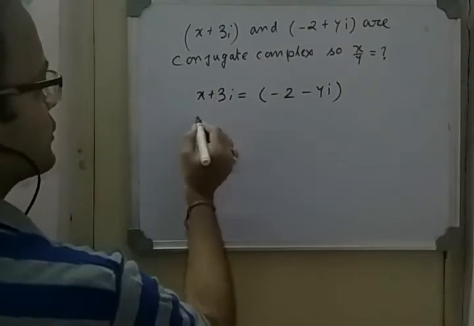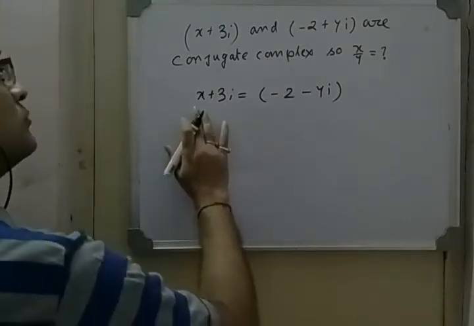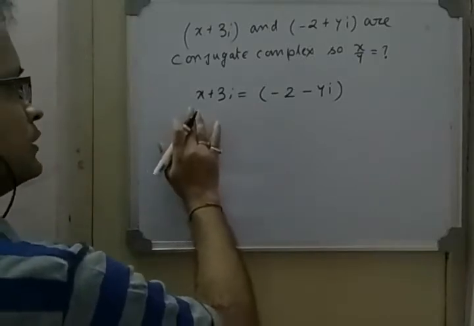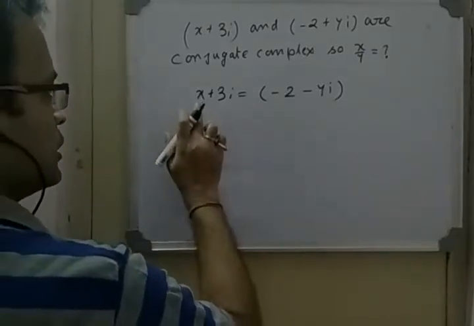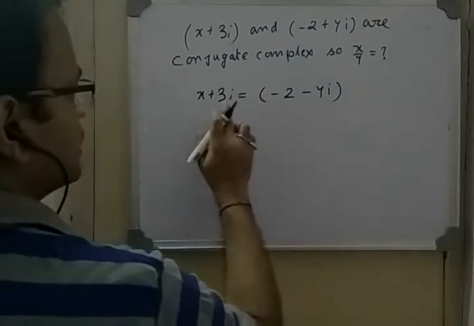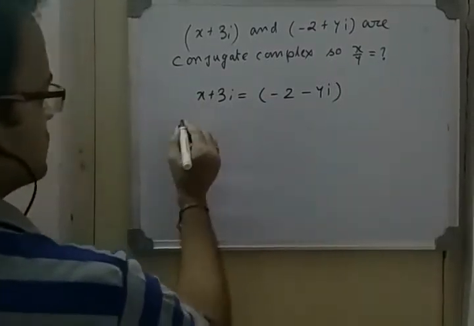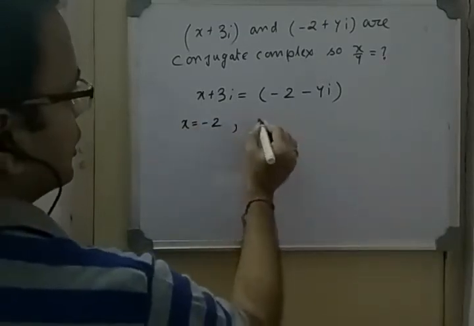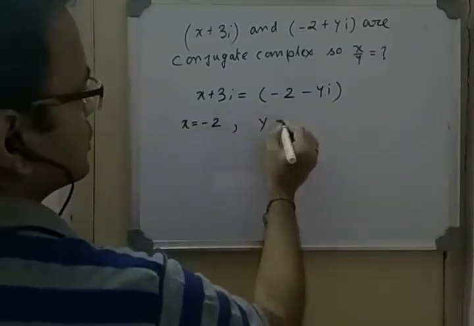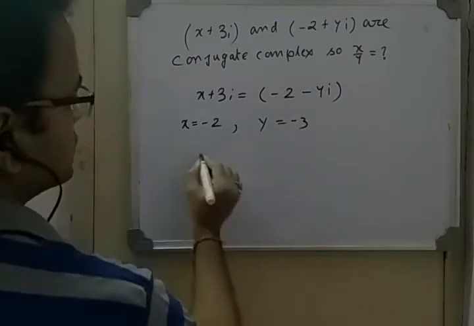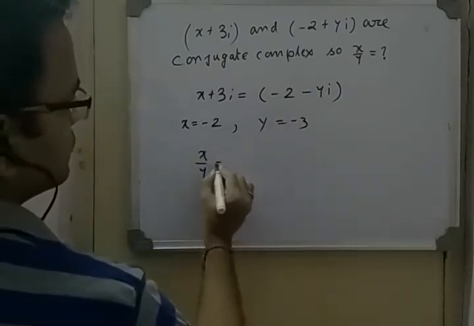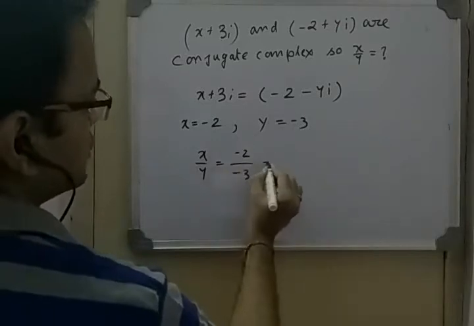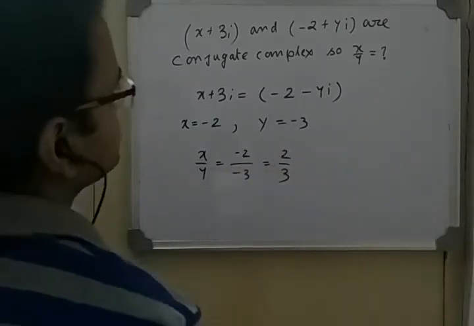Now we have discussed that when a complex number is given on both sides of the equal sign, it is always true that real part should be matching with real part and imaginary part should be matching with imaginary part. So by equating the real part we get x equal to minus 2. By equating the imaginary part, what will we get? Minus 3. So x by y becomes minus 2 by minus 3 equal to 2 by 3.